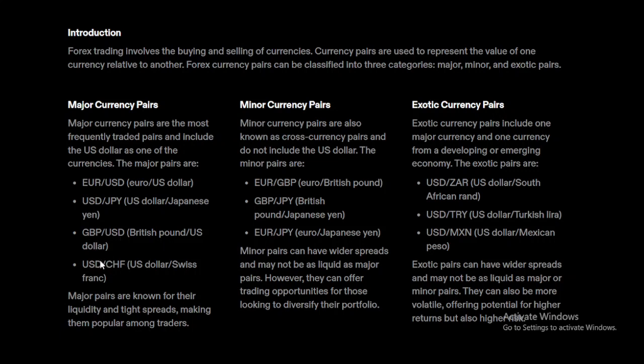Okay, so look at other examples. GBP/USD, USD/CHF. All right, so major pairs are known for their liquidity and tight spread, making them popular among traders. A lot of traders trade these major currency pairs. It is popular and it is liquid because a lot of traders pump money into these currency pairs. So imagine US dollar and GBP. The New York Stock Exchange is the largest in the world, followed by the London Stock Exchange.